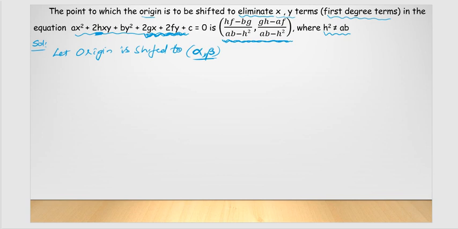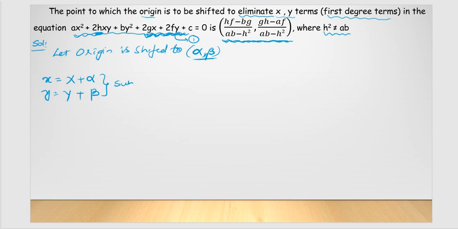Then I need to take small x in terms of capital X: small x is equal to capital X plus alpha, small y is equal to capital Y plus beta, right? Now we substitute these values in the equation to get the transformed equation. Let this be equation number 1.